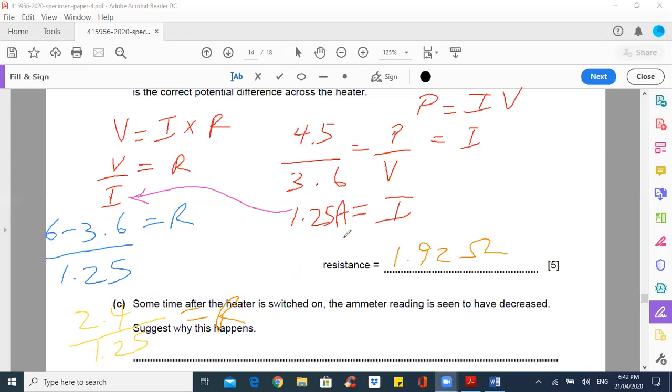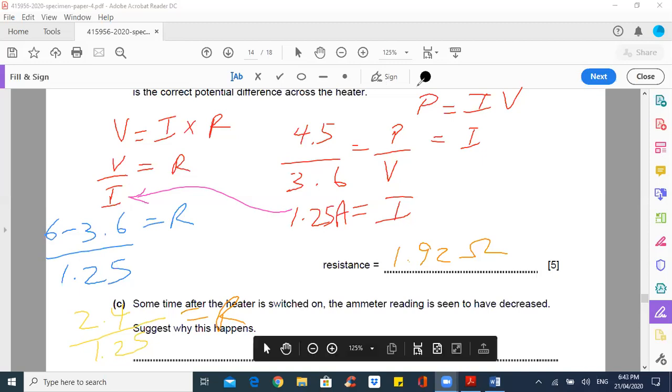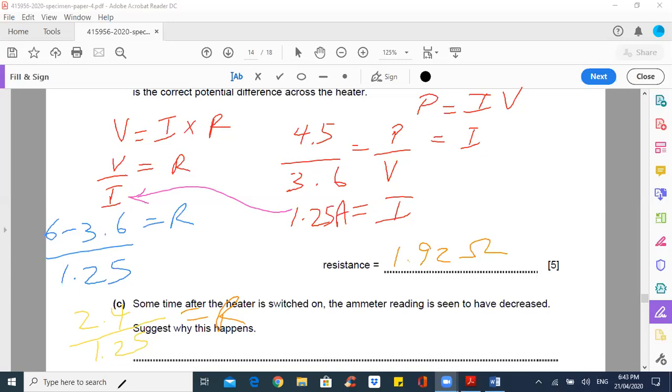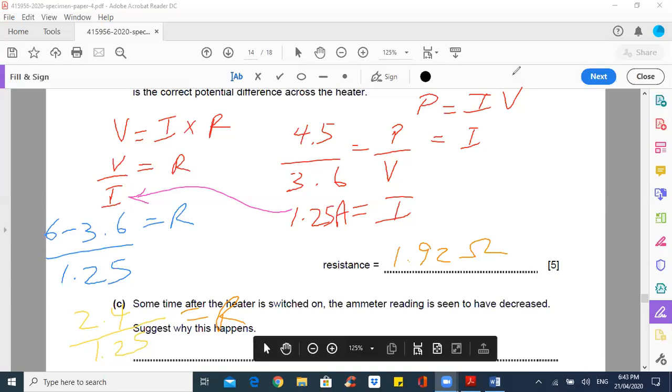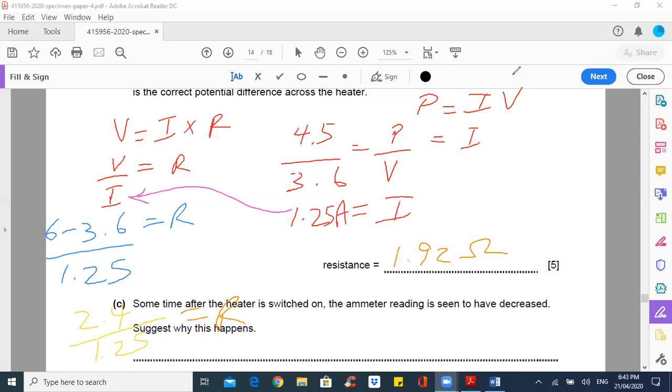Nice. So that's how we calculate R. Now they are saying, lower down the question, I'll get the working, so I'm going to have to remove the working. Nice.